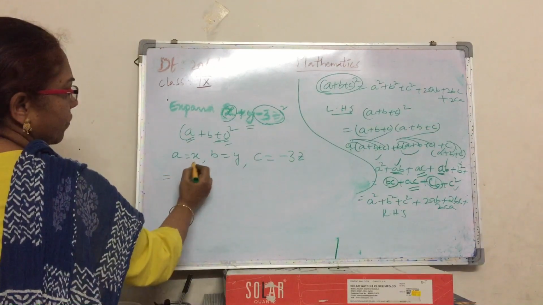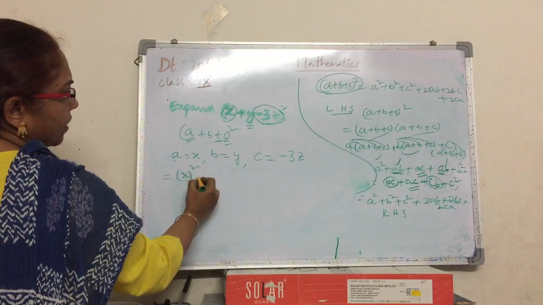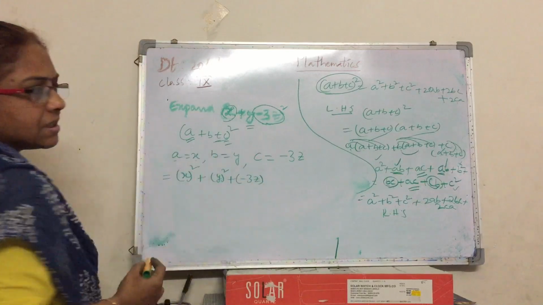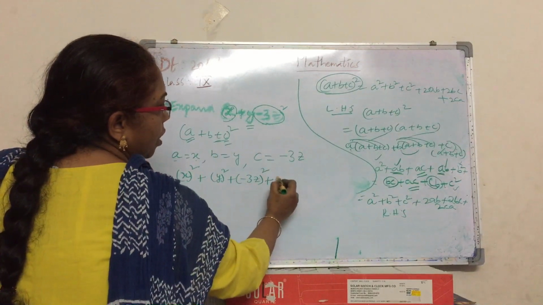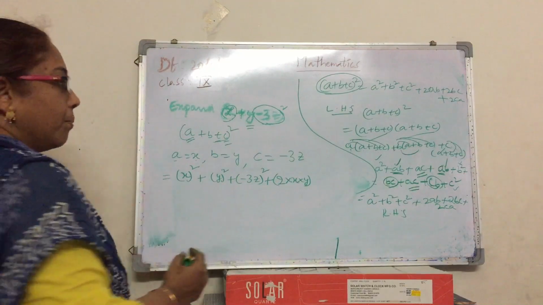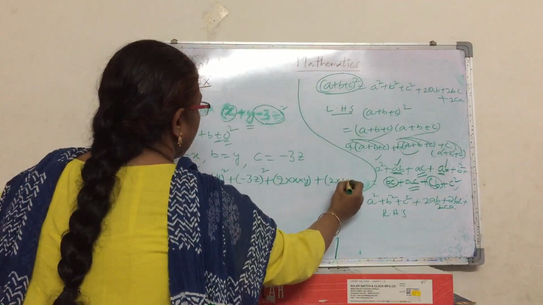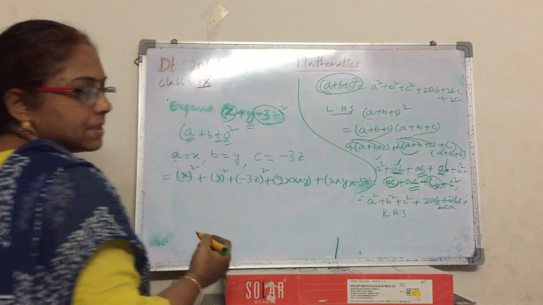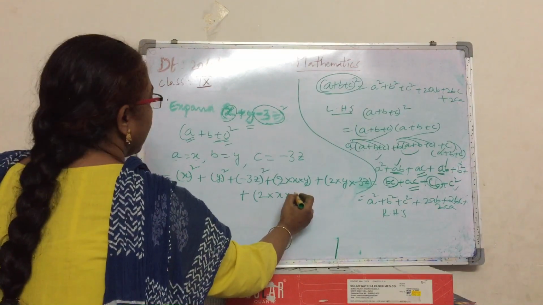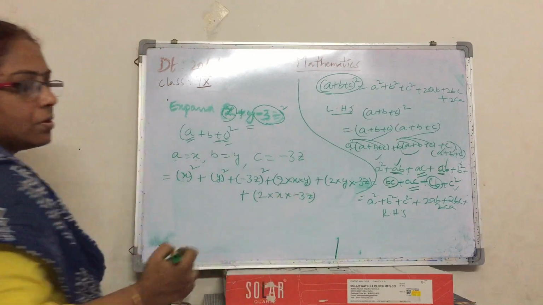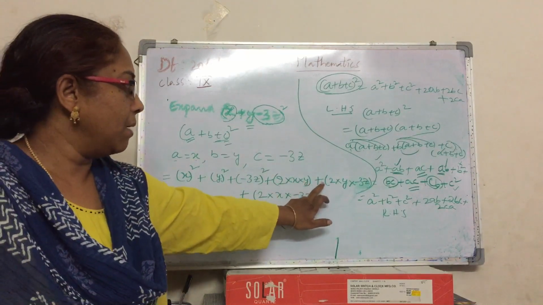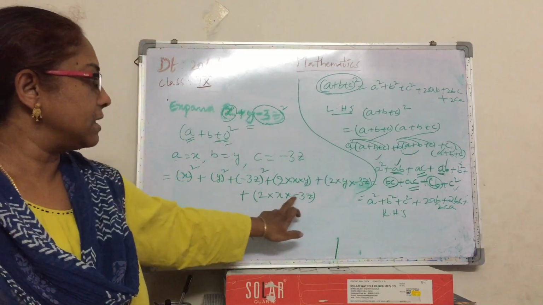Now a square, here a is x, so a square means x square, plus b square, b is y, so y square, plus c is minus 3z, so (minus 3z) whole square, plus 2ab, which is 2 into a into b, plus 2bc, plus 2ca.